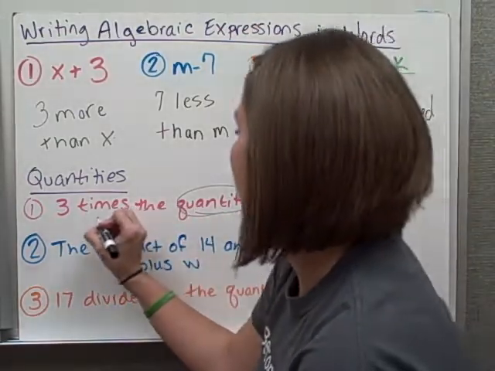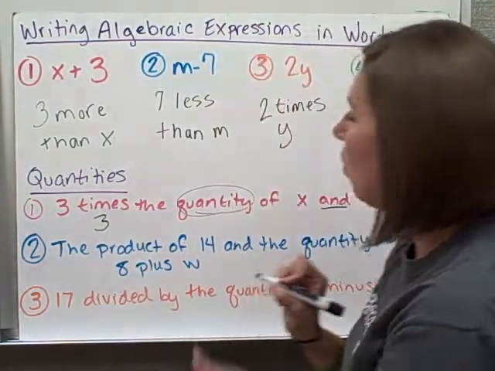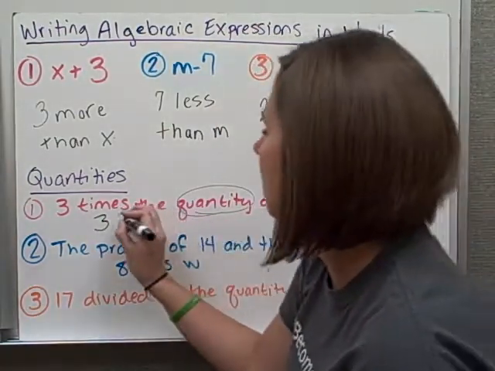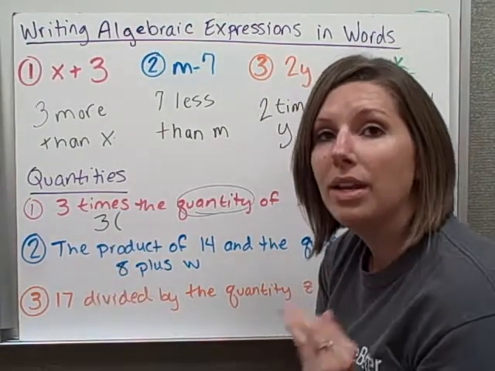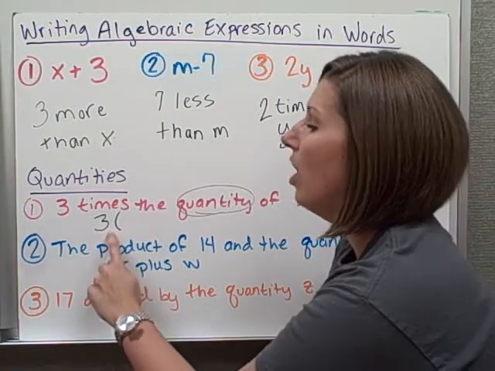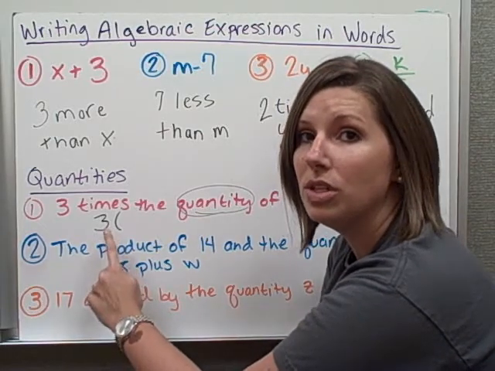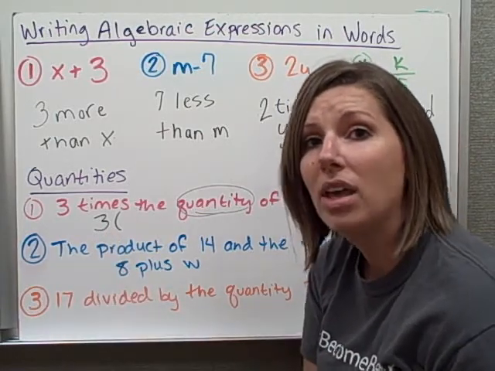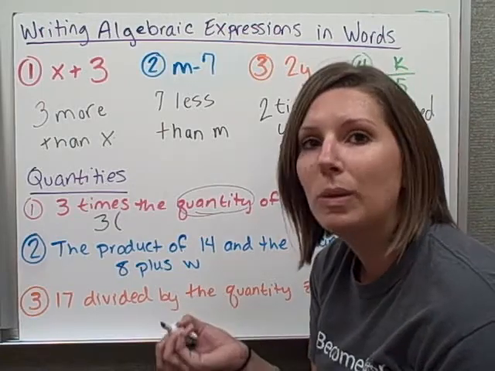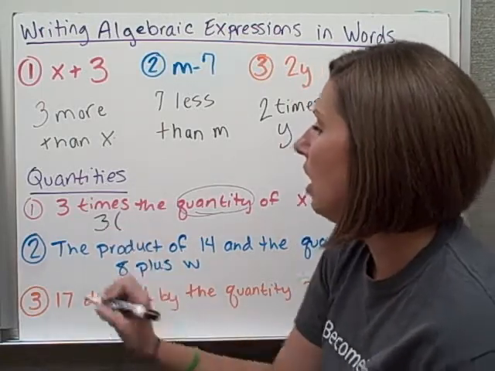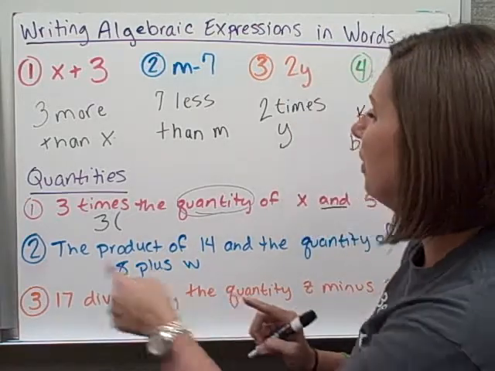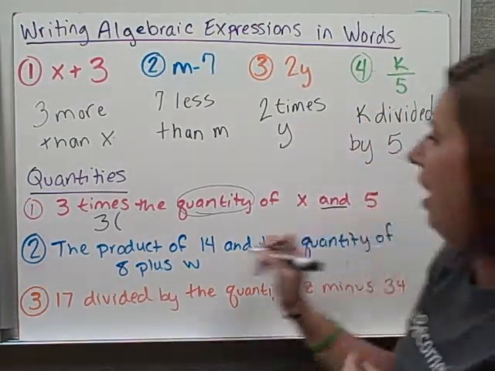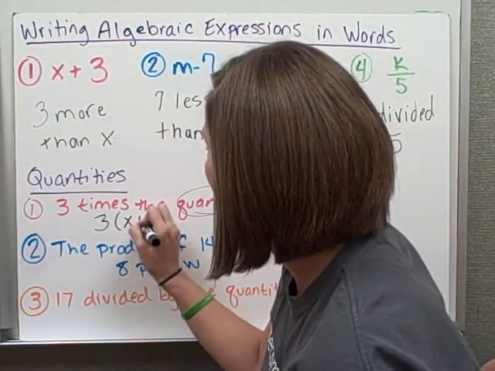So we're going to write 3 times the quantity of, we're going to put our parentheses in. When a number is directly beside parentheses with no operation symbol between those two, that automatically means multiply. So again, I don't have to waste my pencil lead. I can just write 3 with a parenthesis next to it. That automatically means multiply. 3 times the quantity of x and 5.